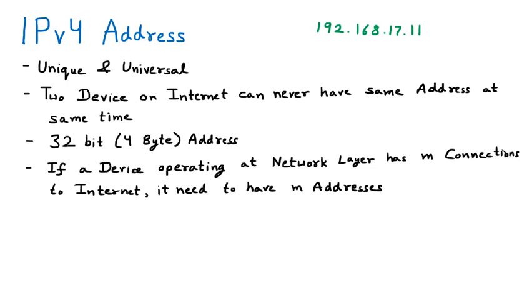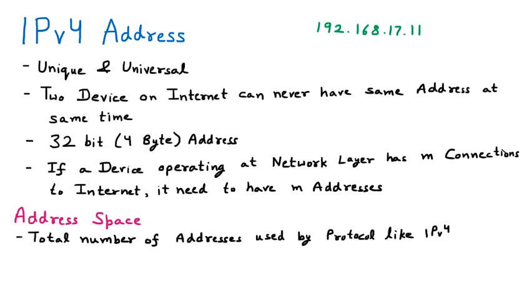Now we are discussing the address space. The total number of addresses used by any protocol like IPv4 is called the address space. It means how many addresses are taken by IPv4 or any protocol, cumulatively, and that is called the address space.